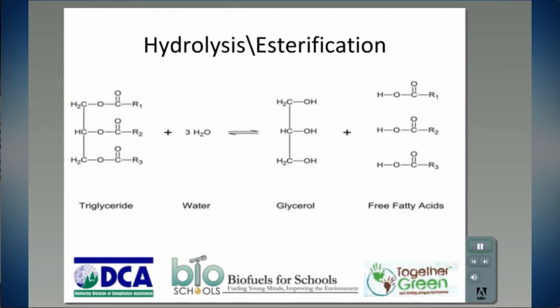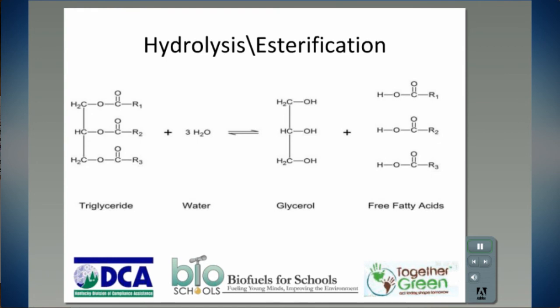When triglycerides are exposed to water, hydrolysis can occur, which converts the triglyceride back to a fatty acid and glycerol. When oil is used in cooking, the same type of reaction can occur, causing the release of the fatty acids. These are then known as free fatty acids, or FFAs.